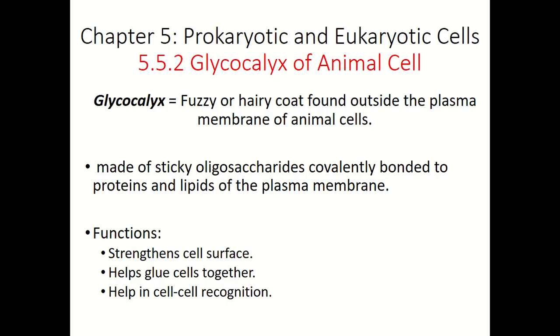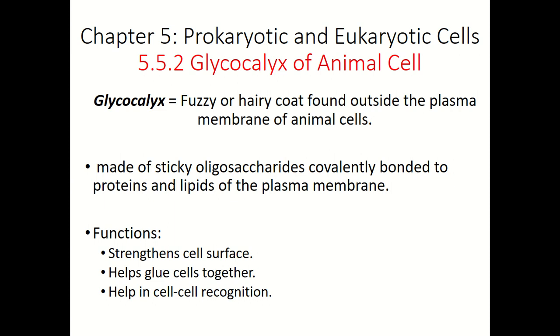So what is the glycocalyx? The glycocalyx is the fuzzy or hairy coat found outside the plasma membrane of animal cells. They are made of sticky oligosaccharides covalently bonded to proteins and lipids of the plasma membrane.